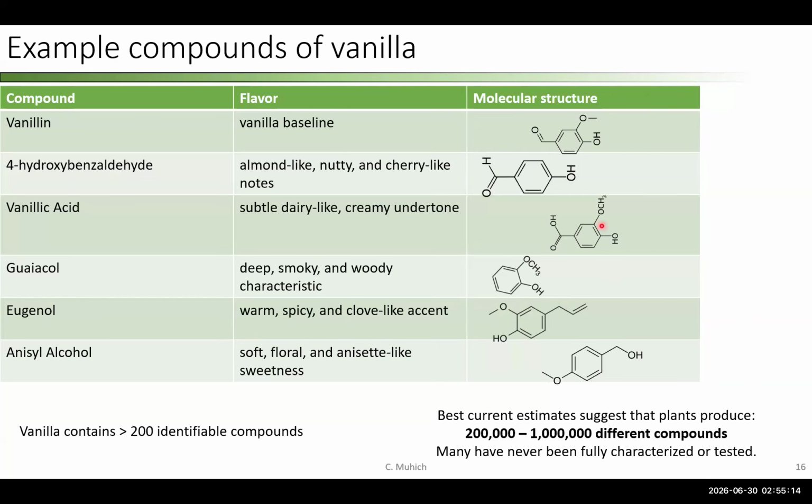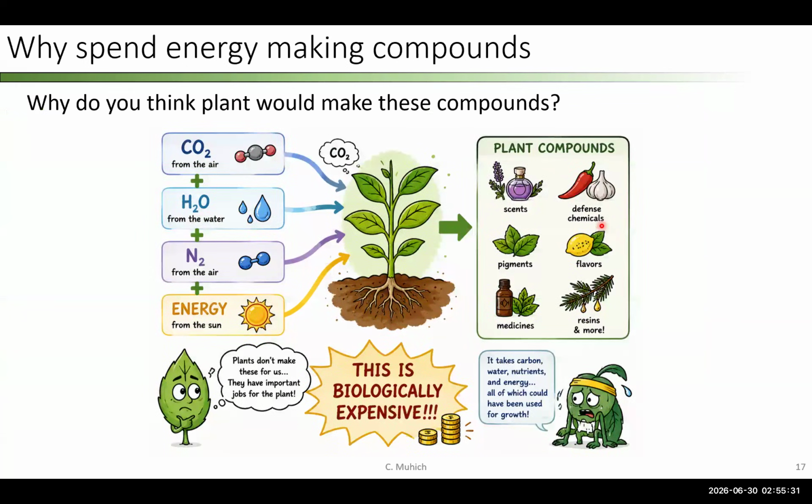And these give a massive variety of compounds that are going to be experienced and are used by humans or could be used by humans for many different properties. So this brings us to the question of why are the plants making these compounds?